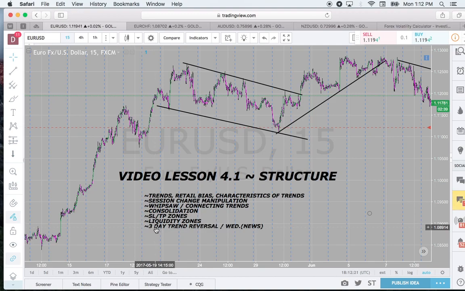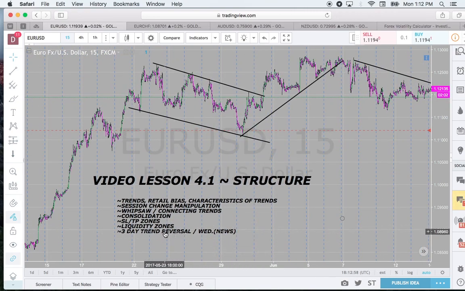A 3-day reversal trend happening midweek or on Wednesday. You can see if you go into Forex Factory or any Forex news outlet and you go over the past, every Wednesday, 90% of the time, Wednesday, the middle of the week, is when the most news or high impact news events occur.